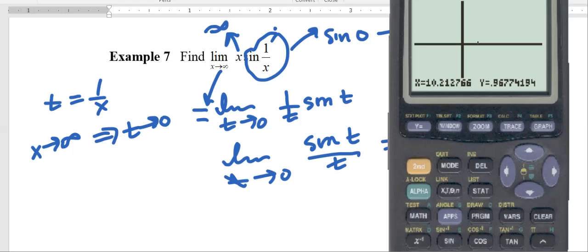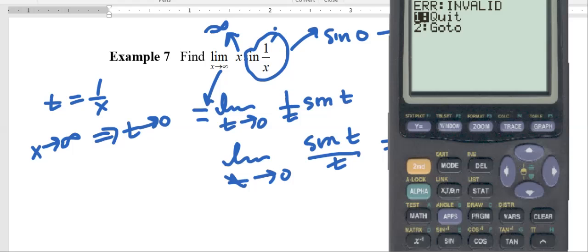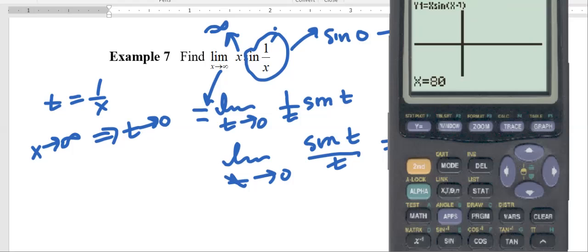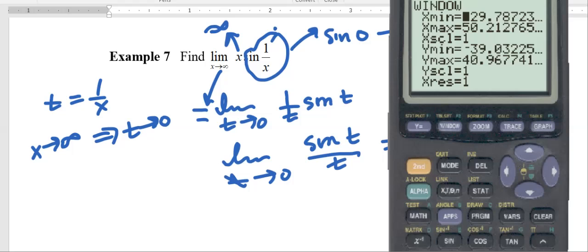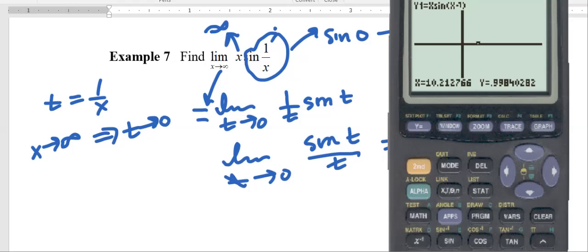Let's make it 80 and trace. Looks like I'm still not there. We would think 80 would be big enough, but let's look at our window. Looks like we're only going up to 50. All right, I'll make it 50 then. Okay, so now look how close it is. Pretty clear that that limit is going to be 1.